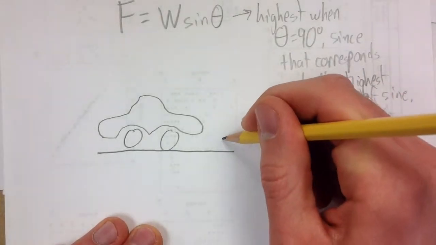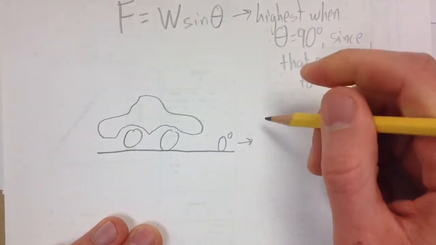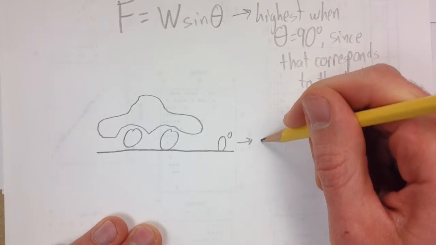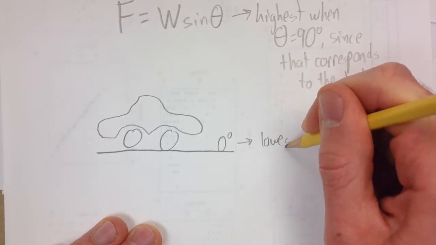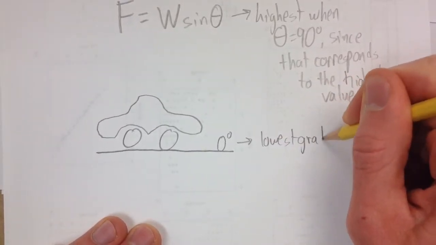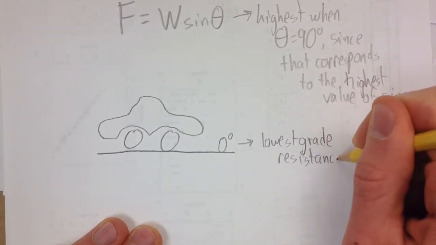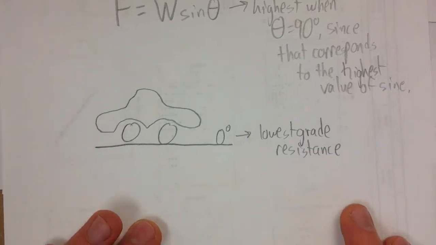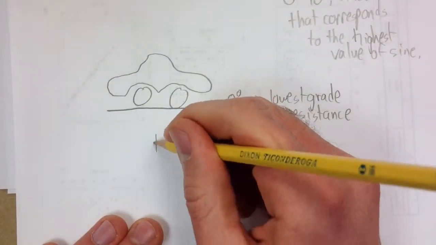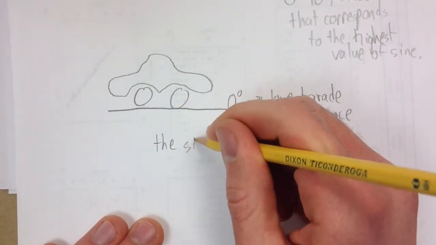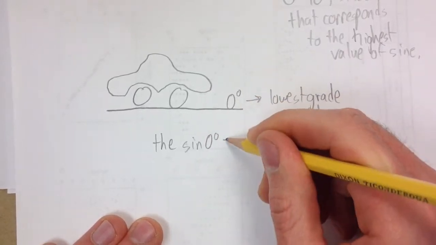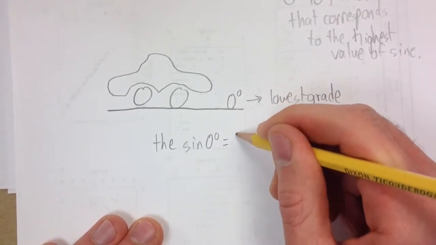Okay, 0 degrees leads to the lowest grade resistance. And what's the sine of 0 degrees? Sine is never undefined. It's 0.